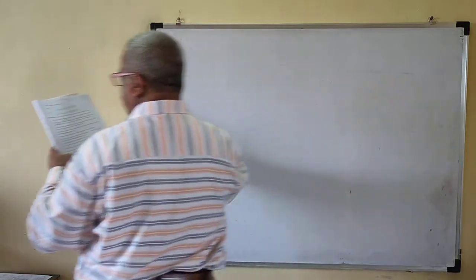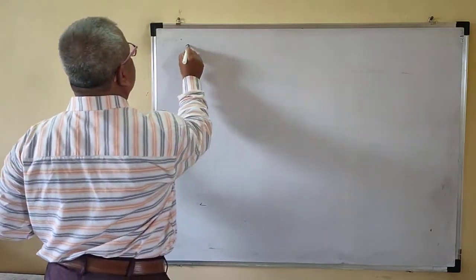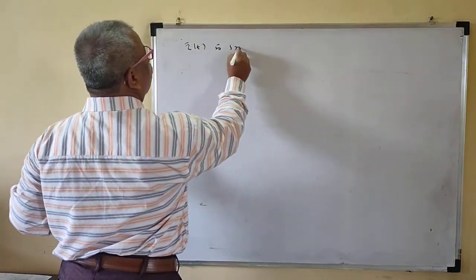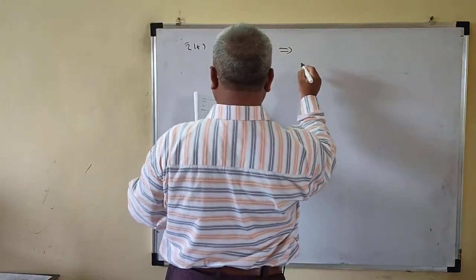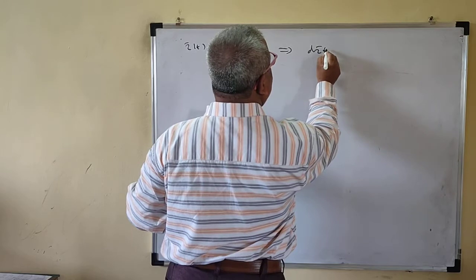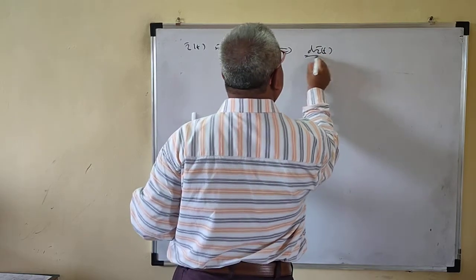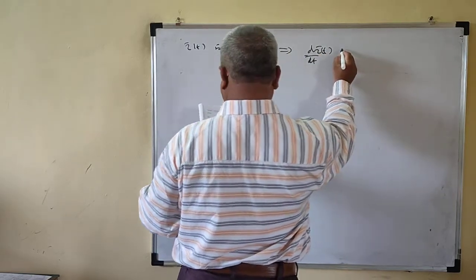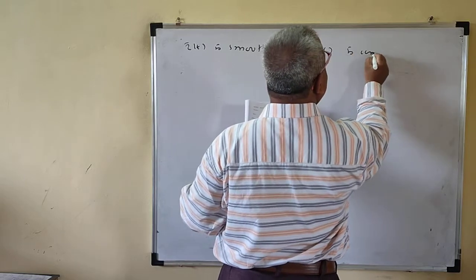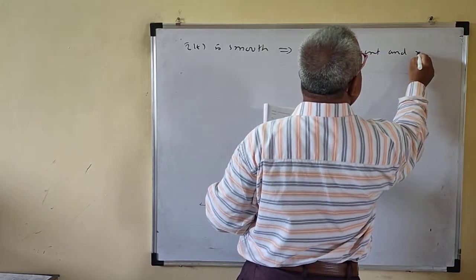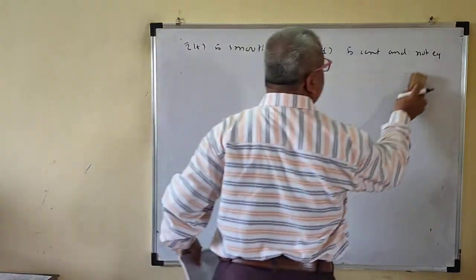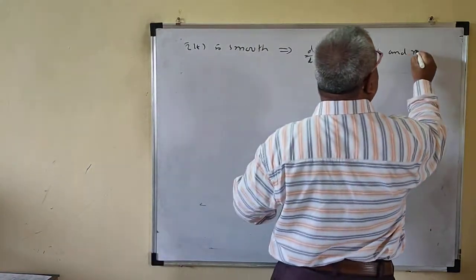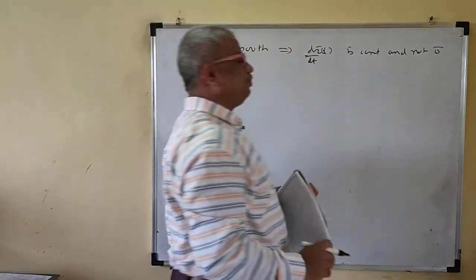Then what is a smooth curve? R bar of t is smooth implies that d by dt of r bar of t is continuous and not equal to the 0 vector.